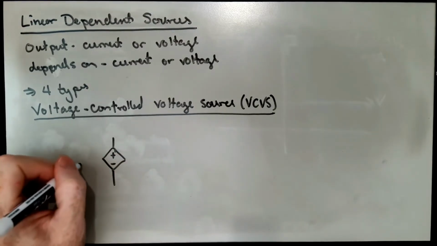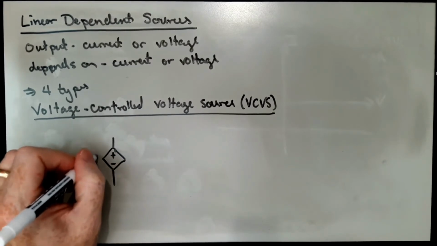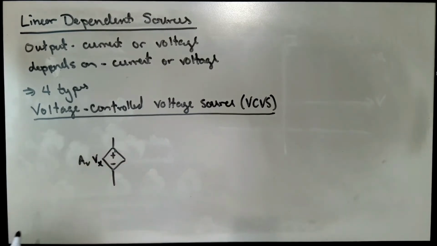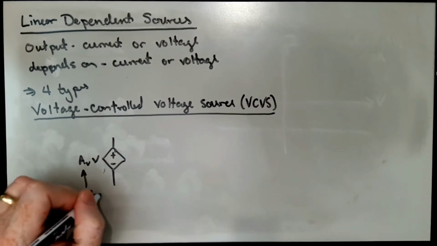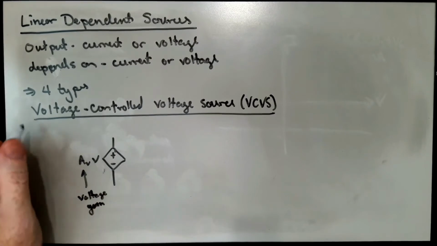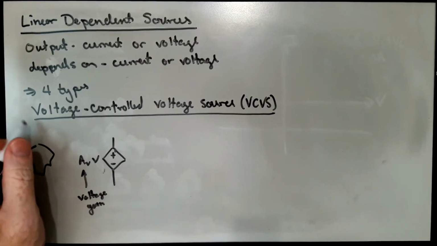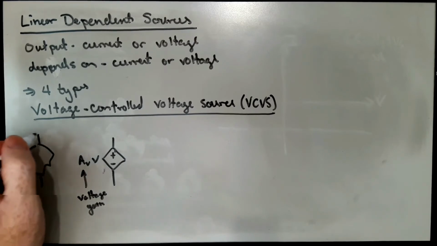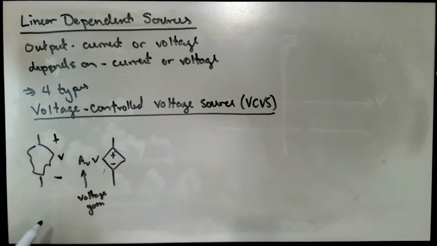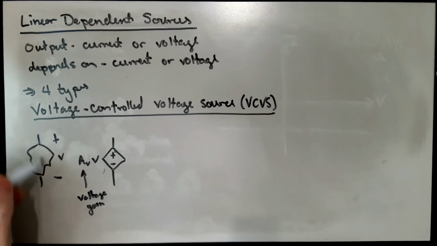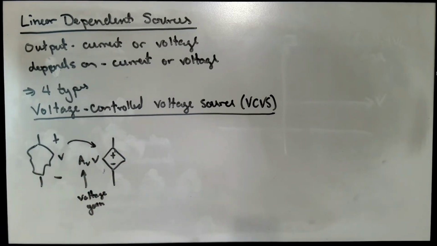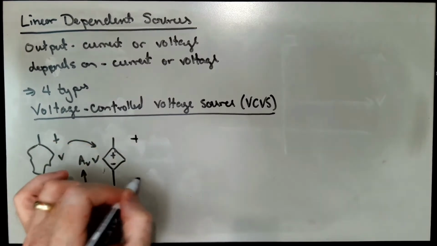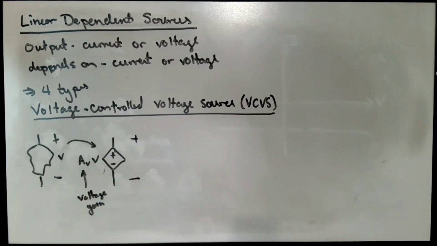And the value is going to be some A sub V times V, let's just call it V. So A sub V is the voltage gain, and there's some element over here in the circuit, and there's some voltage across it, V. That comes over here and is multiplied by a voltage gain, A sub V, and that produces the voltage that we would measure across the terminals of our dependent source.